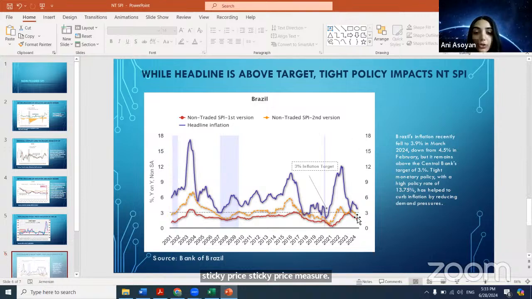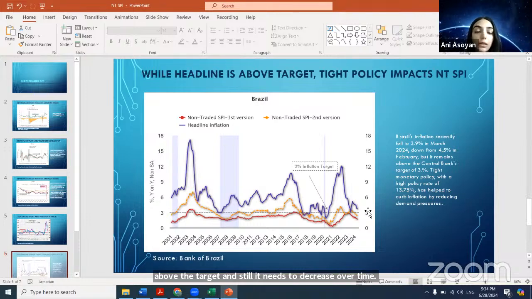Here I have two versions of non-tradable sticky prices, and you can see that both of these series fall below the target, which is 3% for now, while the headline inflation is still above the target, and still needs to decrease over time.